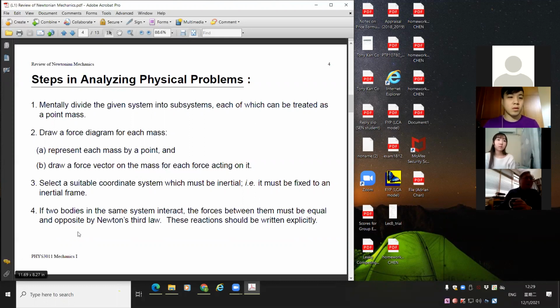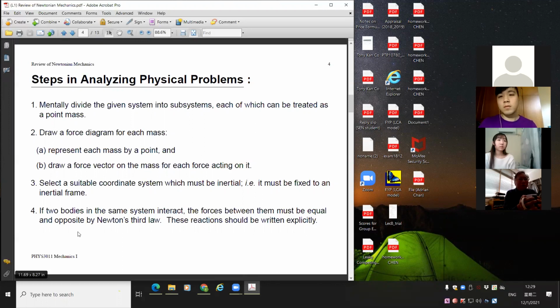Number 4, if two bodies in the same system interact, the forces between them must be equal and opposite by Newton's third law. These reactions should be written explicitly. So say you have a particle going down an inclined plane, then the particle will have an action on the inclined plane, and also the inclined plane has a reaction acting on the particle, or the body.